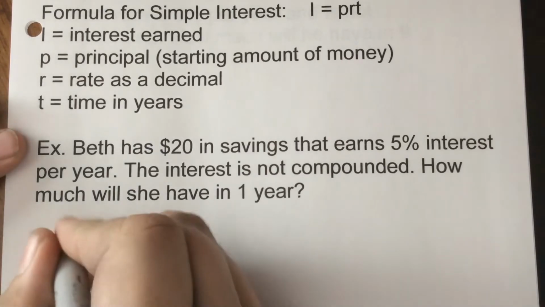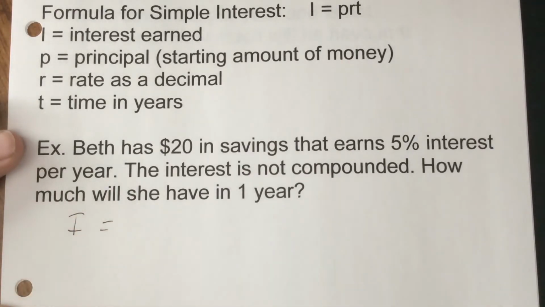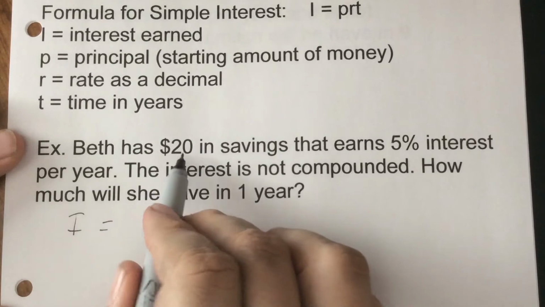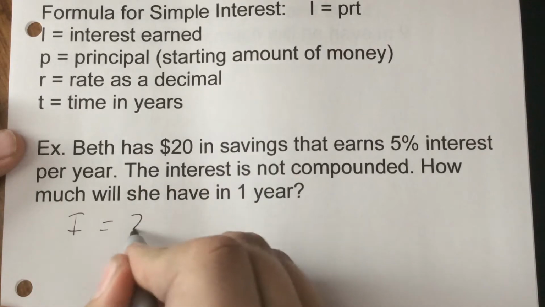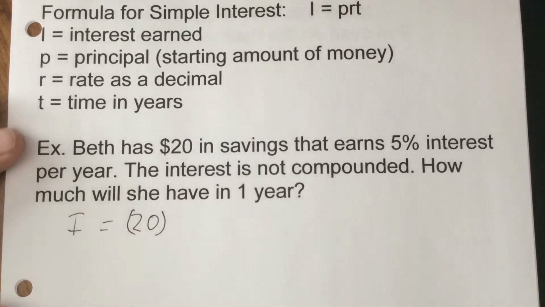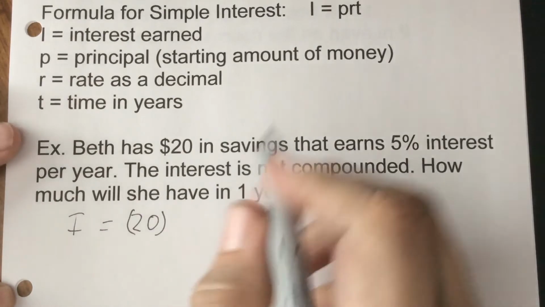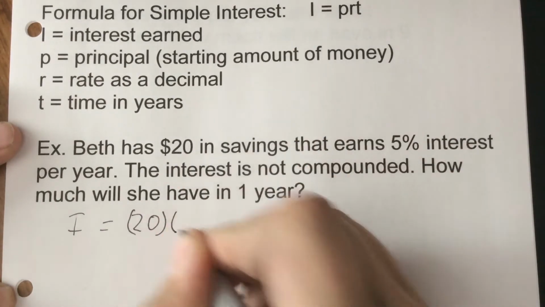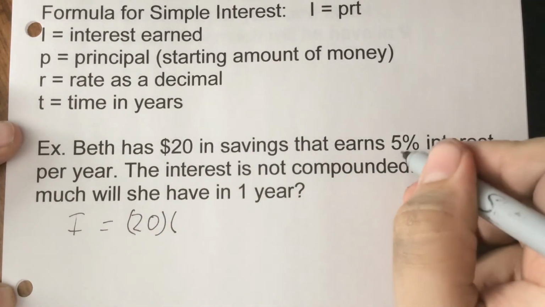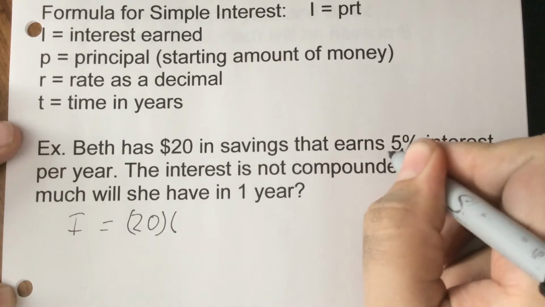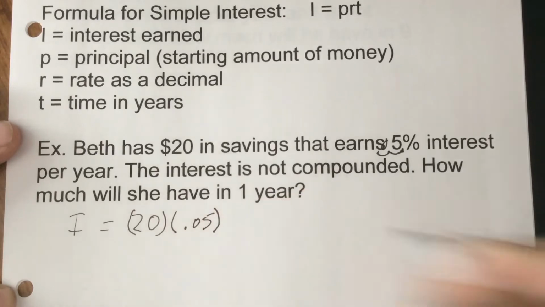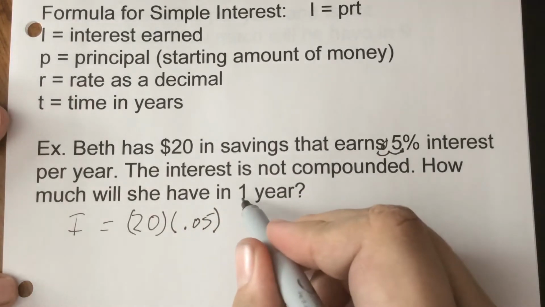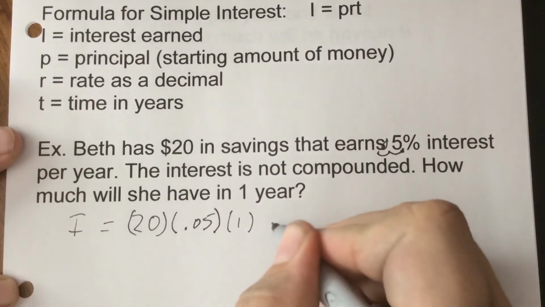So we're going to set this up with I equals. P is our principal, how much money you're investing. In this case, it is $20. So 20, and we're going to put this in parentheses so we don't get confused. Next is the R, our rate, which is 5%. Remember, decimal there. We're going to have to add a 0 in, so it'll be 0.05. And then T is time in years. If it's only 1 year, our last number is going to be a 1.